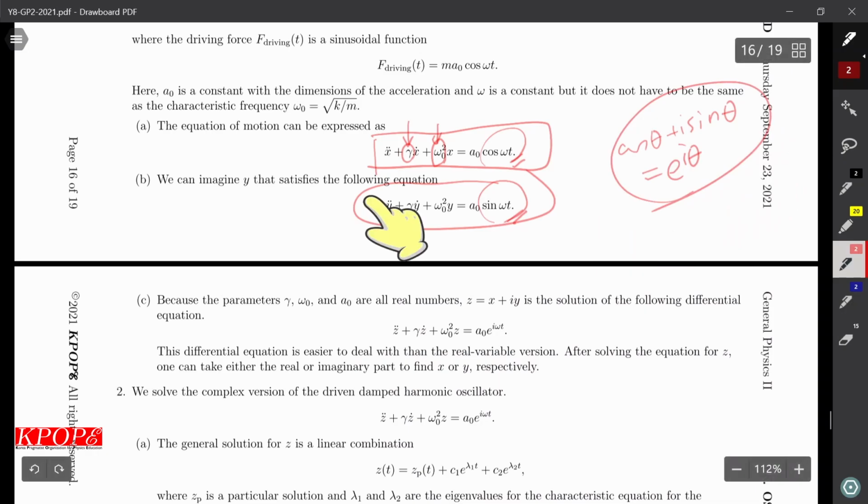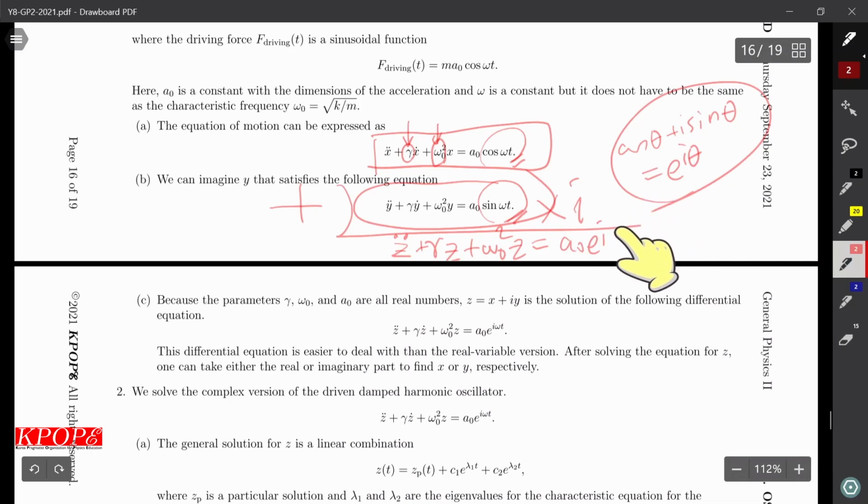That means if I multiply the lower equation by i and add them up, then what I obtain is z double prime plus gamma z prime plus omega 0 squared z equals a0 e to the i omega t, where z equals x plus iy. Although we are asked to find the solution for x, we do not have to solve the complicated problem.